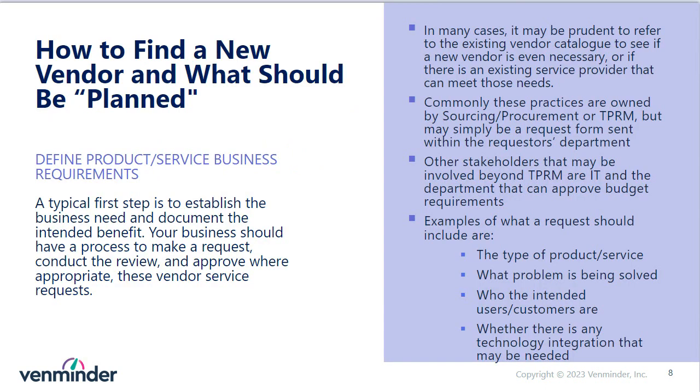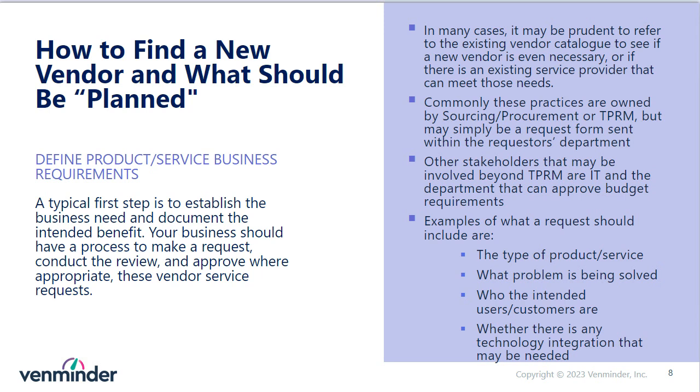So it's important here, in terms of what's planned, to define product and service business requirements. What are the internal customers? What is the product and service that they're asking for? What is the potential problem that's being solved here? This is the baseline information that allows you to engage the right teams.